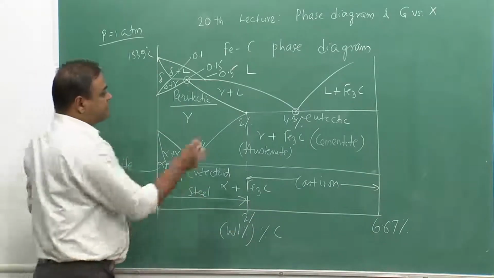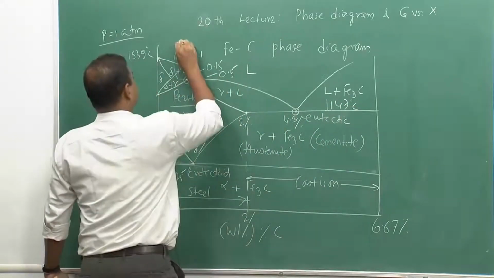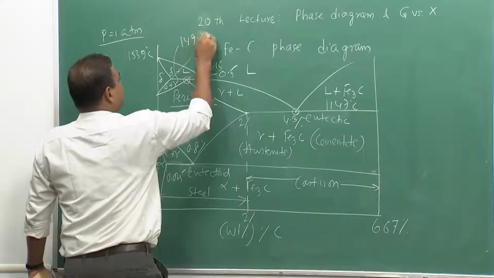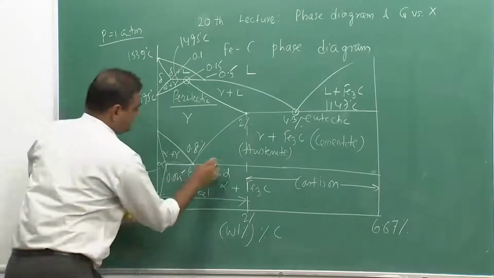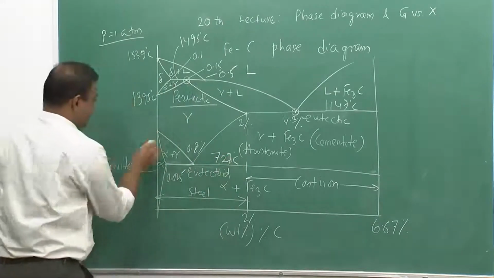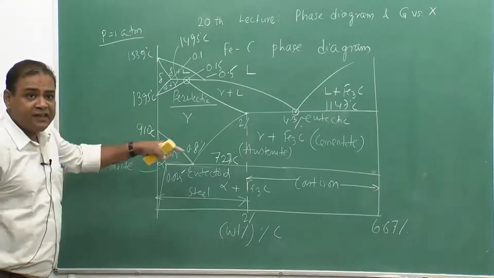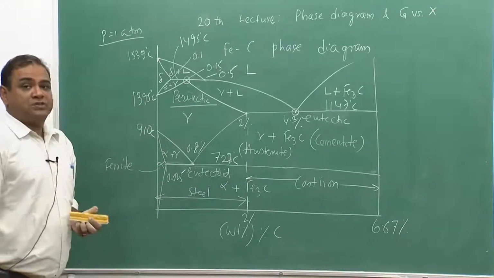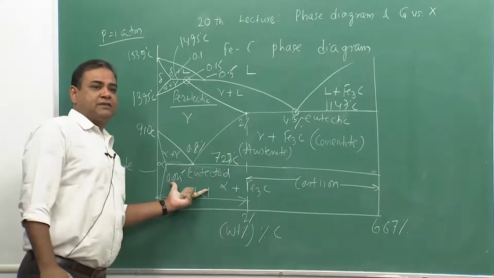Okay. And the temperature here is 1147 degrees Celsius, this is 1495 degrees Celsius, this is 1395 degrees Celsius, and this is 727 degrees Celsius, and here it is 910 degrees Celsius. So, we can see all the temperatures and compositions here, and we will be looking at the eutectoid part.